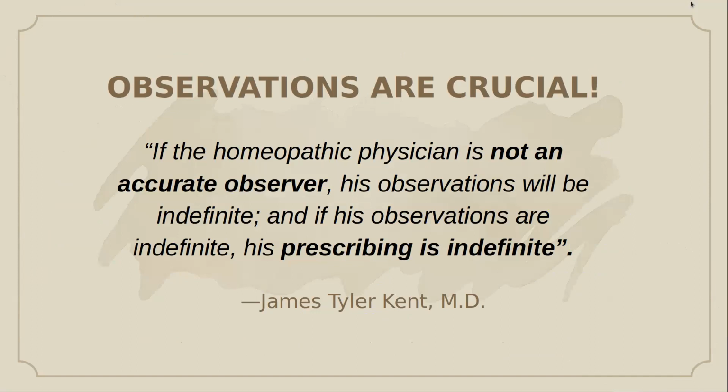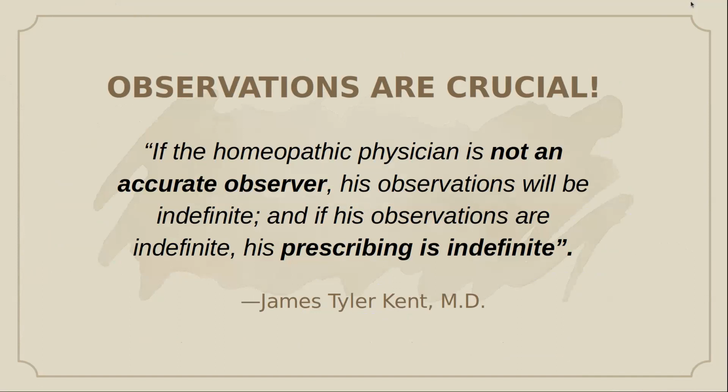If the homeopathic physician is not an accurate observer, his observations will be indefinite, and if his observations are indefinite, his prescribing is indefinite. That means we should know what we are observing in the patient, not taking all of the symptoms. First of all, we should be unprejudiced observers. Our preconceived notions should not hinder our case taking. Our mind should be blank.